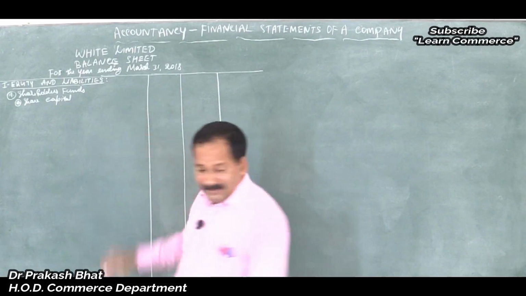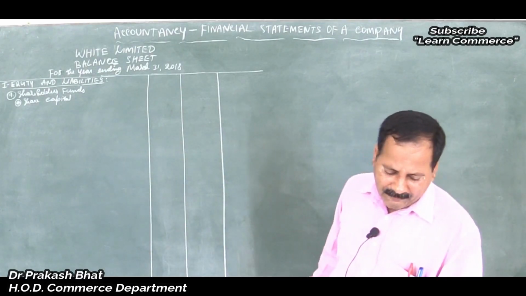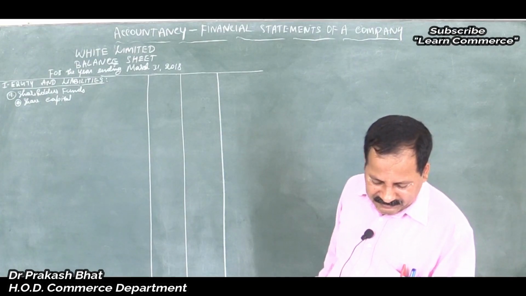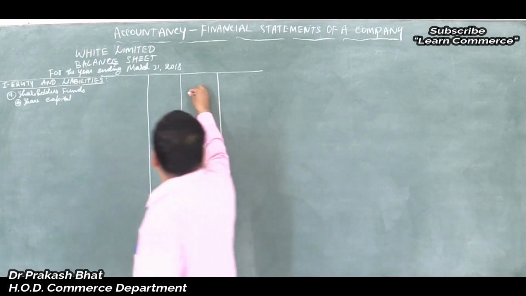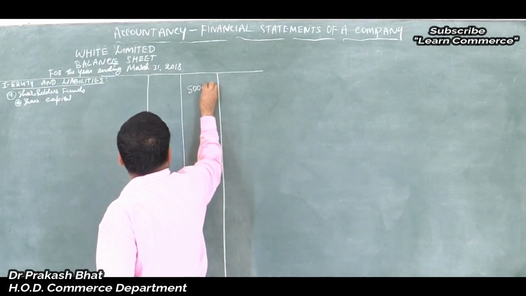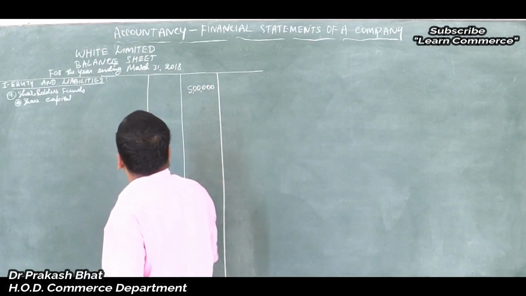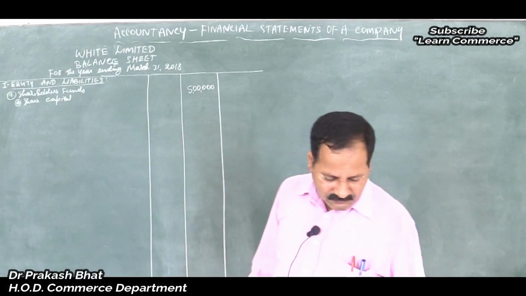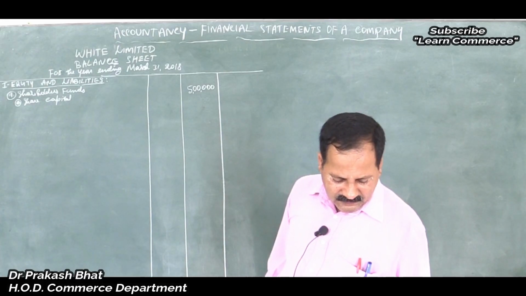So straight away enter it in outer column, no need of working note here. So share capital, how much? 5 lakh. Then anything else under that? No.